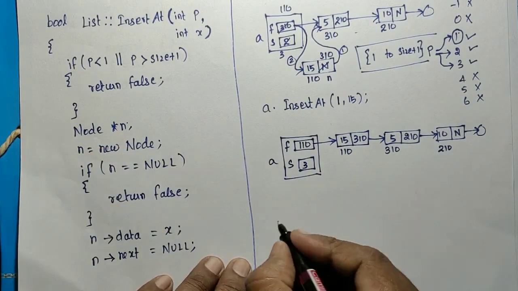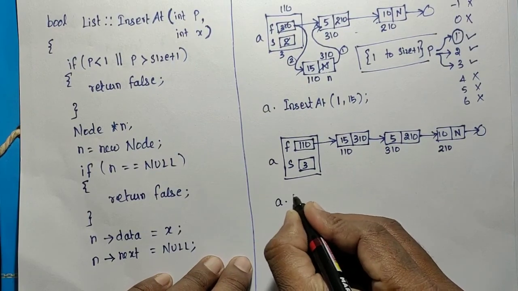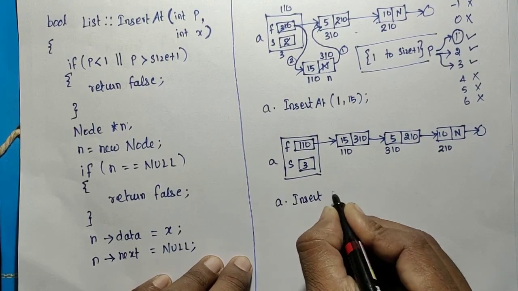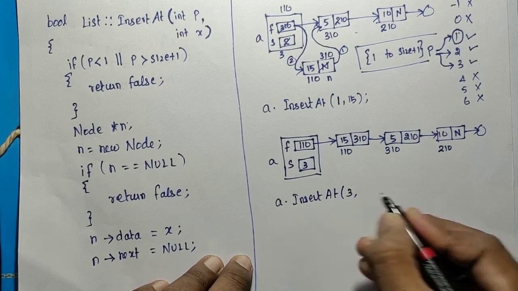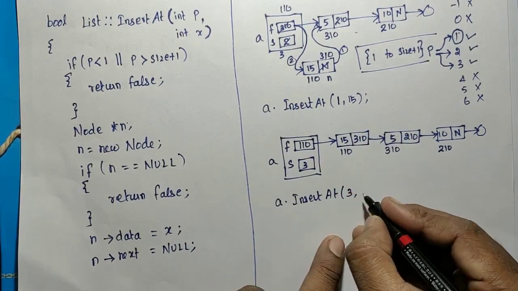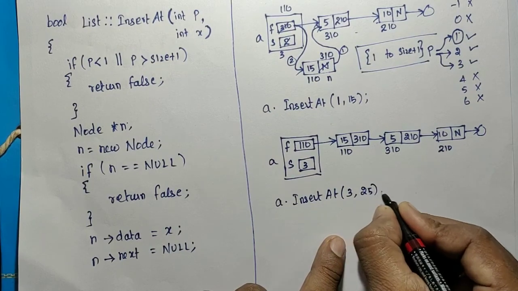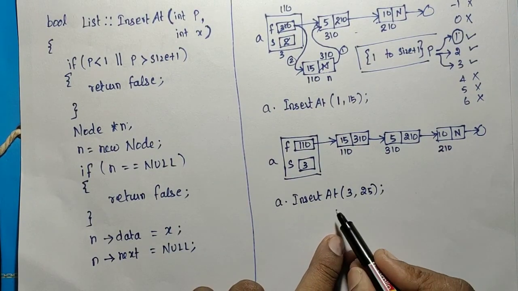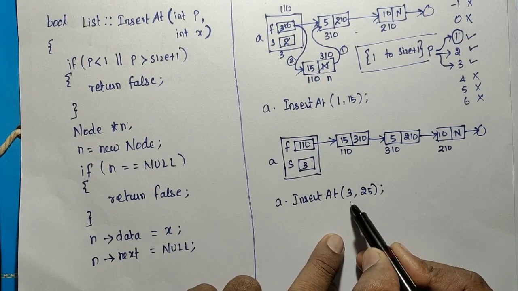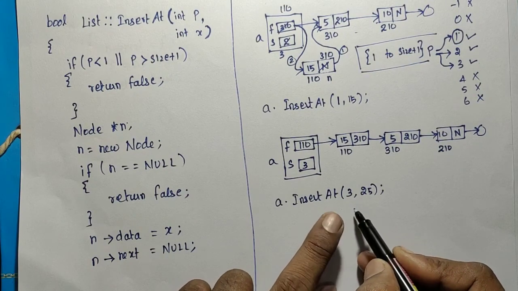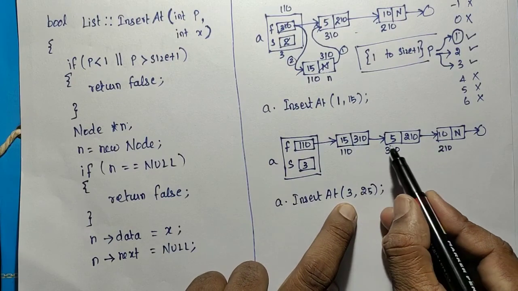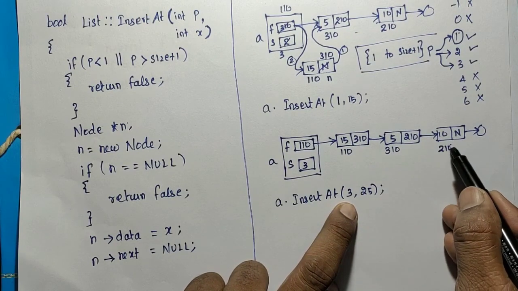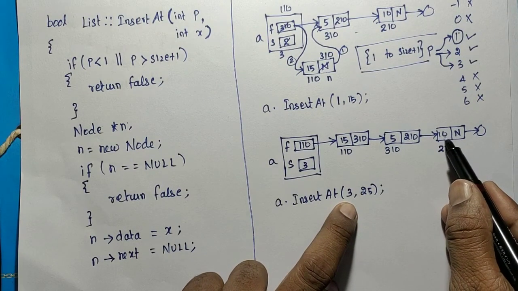Suppose I call again a dot insert at, now the input is 3 comma 25. 3 comma 25 means the new node is going to be inserted as the third node. It means, where it needs to be inserted, this is 1 and 2 and 3. The current third node is the 10.